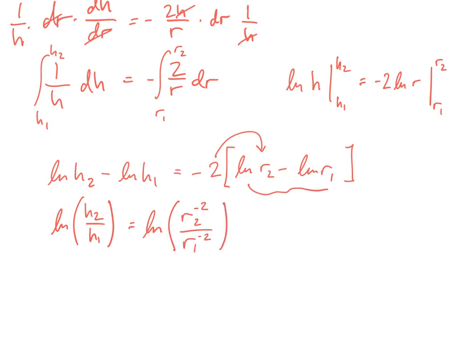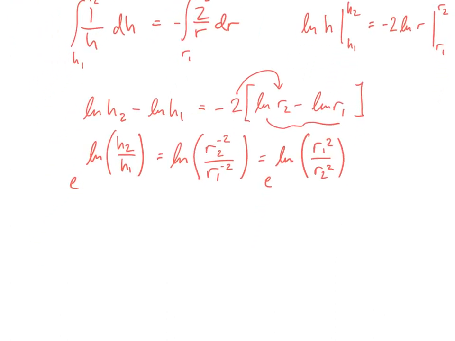But remember, negative just means to flip it over to get the reciprocal, so this actually is log r1 squared over r2 squared. Okay, next I'm going to raise e to both sides of this equation, and I'm just left with h2 divided by h1 equals r1 over r2 squared.